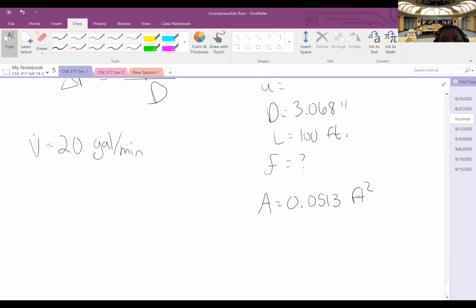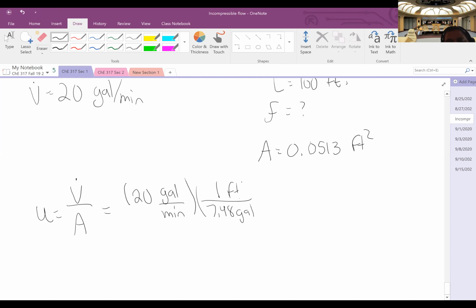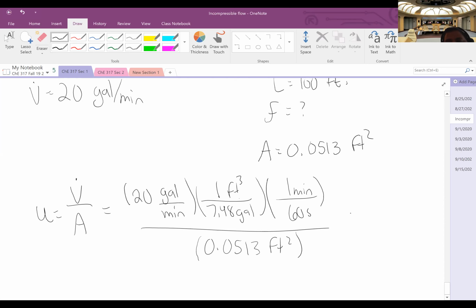Which means if I want to calculate my fluid velocity, all I have to do is divide my volumetric flow rate by my flow area, or 20 gallons per minute, divided by 7.48 gallons in a cubic foot, and in 1 minute is 60 seconds, and then divided by 0.0513 square feet. We do that calculation.